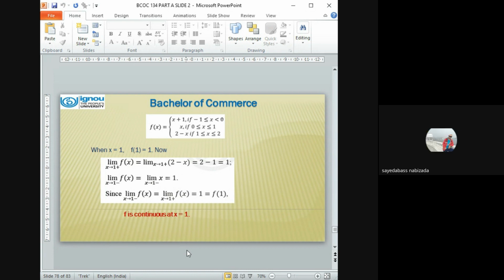Here we have, for example, f(x) is equal to x plus 1, x, 2 minus x, in the interval minus 1 less than or equal to x less than 0. Here we don't have 1, but we are checking the continuity of a function.